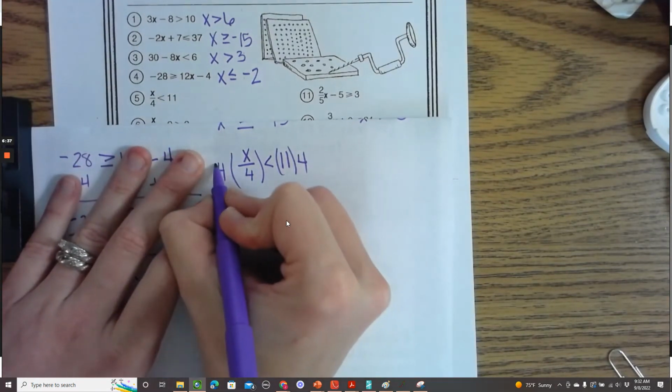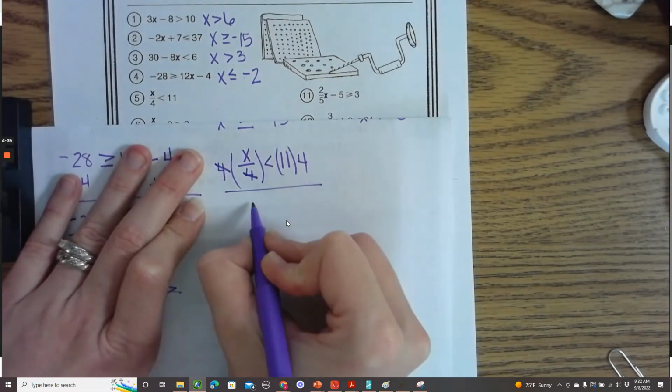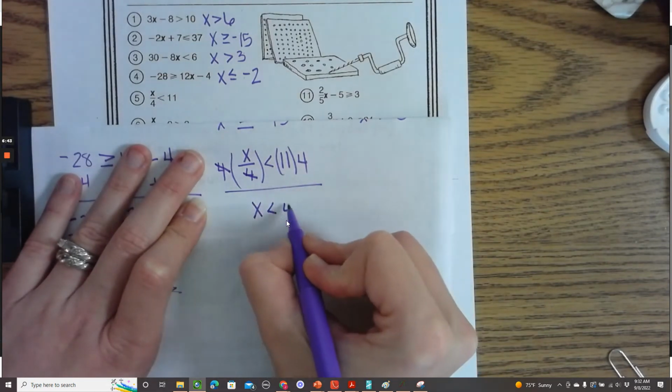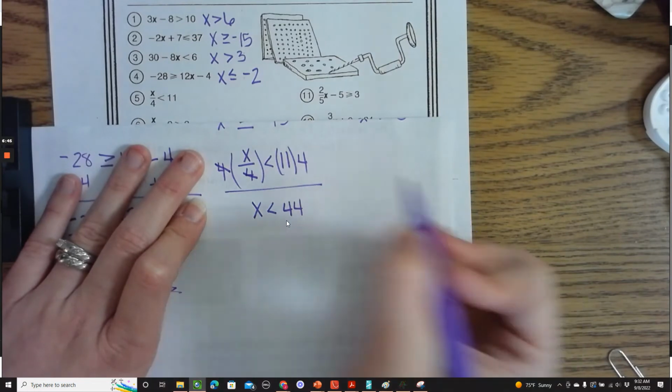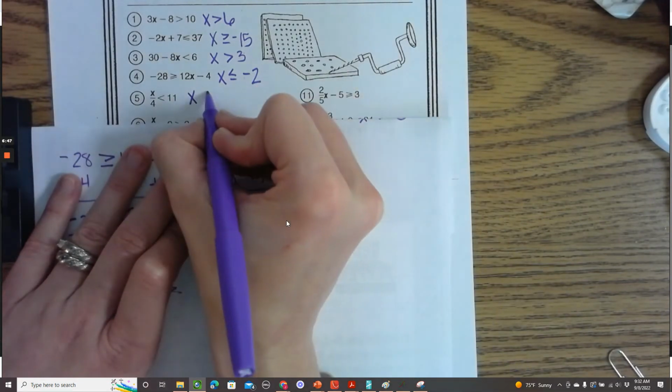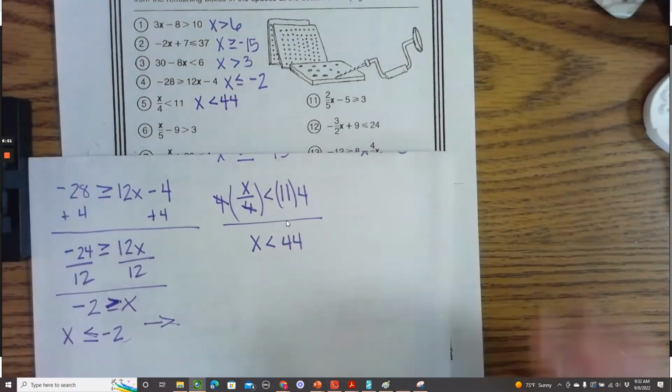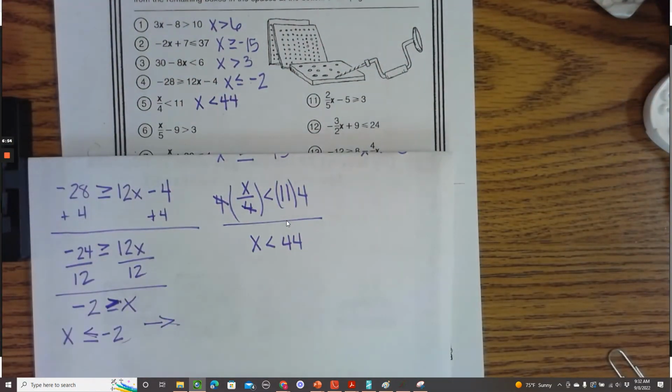So when I multiply over here, it cancels. Sign comes down, and then 11 times 4 is 44. To me it's easier to multiply than it is to divide. You don't have to worry about getting decimals and fractions and stuff when you multiply.